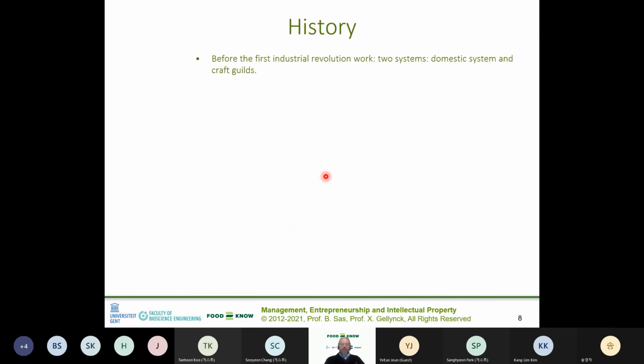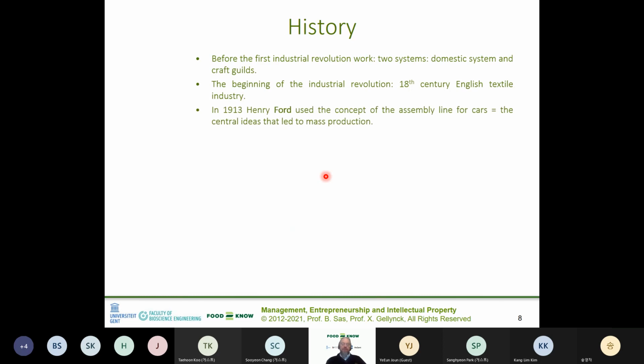So a little bit of history. So before the Industrial Revolution, we're talking about 19th century approximately, we had domestic systems mainly and also crafted guilds. Then in the 18th century, with the English textile, the Industrial Revolution started. Another big step was in the early 20th century with Henry Ford, who mentioned, I want to have a car for every American.